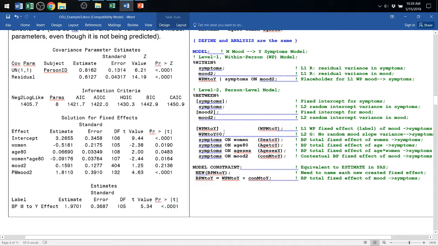Here's a quiz. What would it look like if I wanted to estimate this random variance instead? Yep. And I got to do one more thing. If I'm going to have a random slope variance, what do I need to go with it? Covariance, yep. So I would also need to do this.